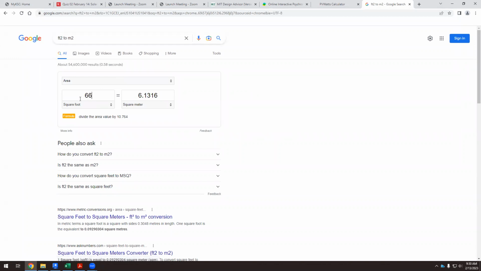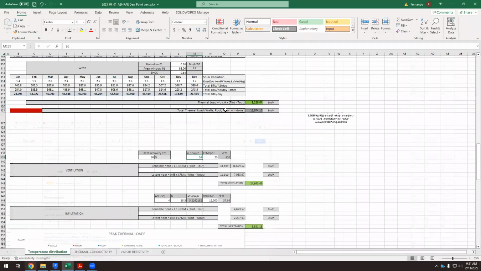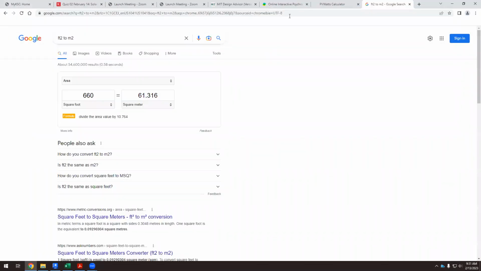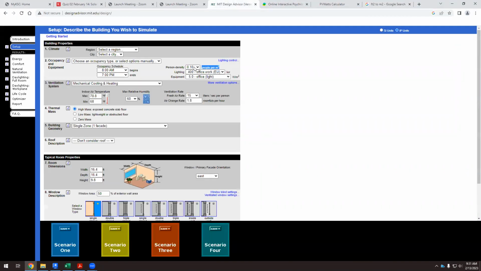So 660 is 61, it's divided by 10. So this is 30 people in 61 square meters, so it's around 0.5. Okay, so in my design advisor, here I have to type 0.5 people per square meter.